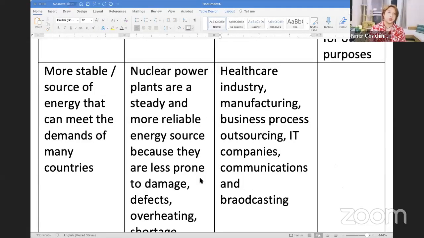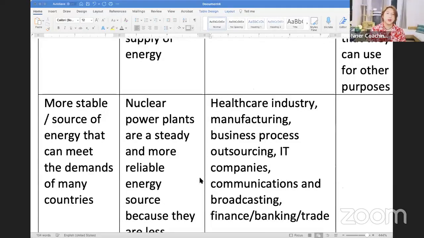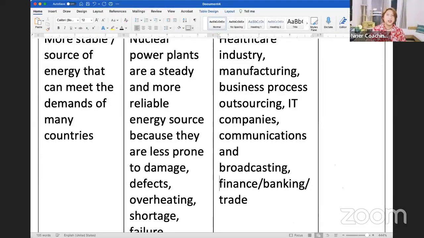Banking industry, or finance, right? There you go. Industrial industry, that's manufacturing, like the factories. Banking, trade. So you're giving me a lot of examples. You see all the words here, guys.